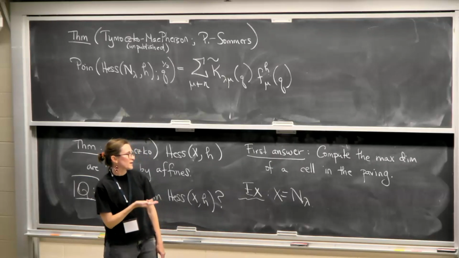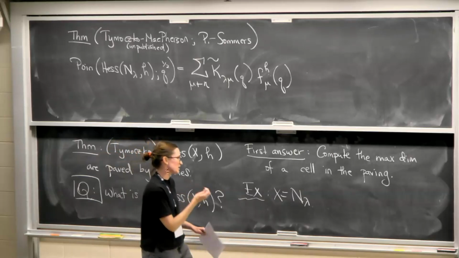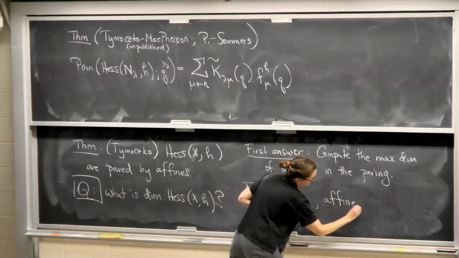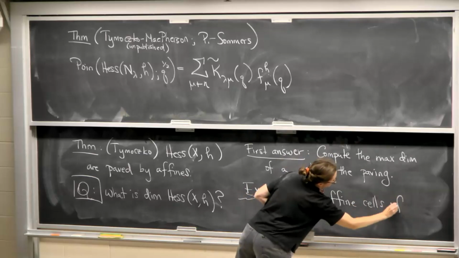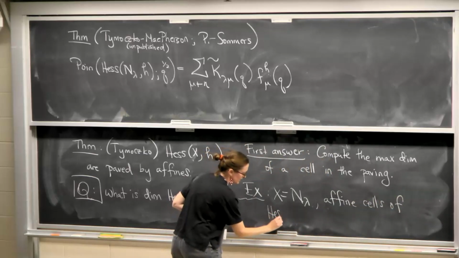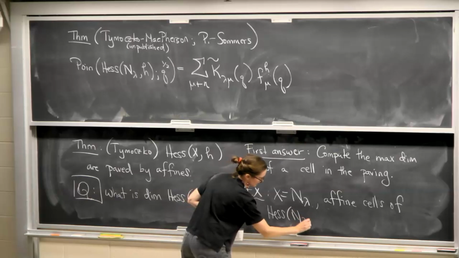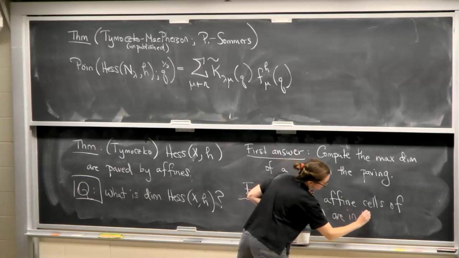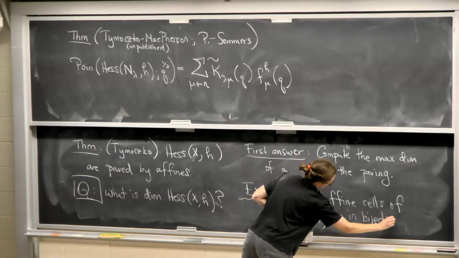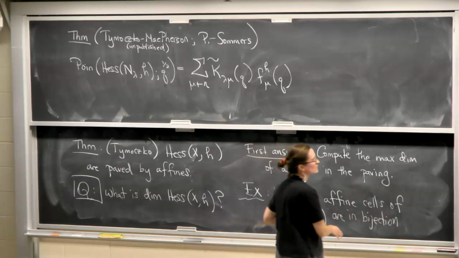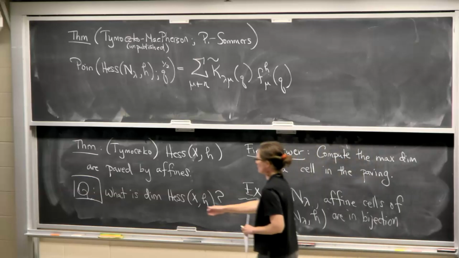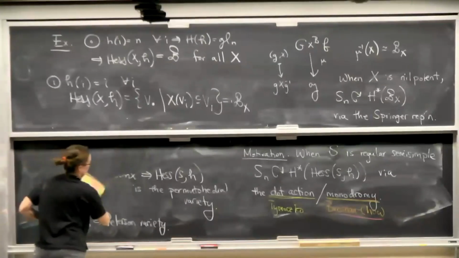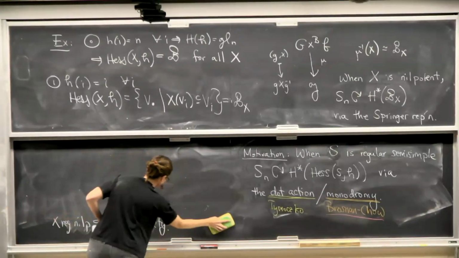The affine cells of this nilpotent Hessenberg variety, in Tomasco's affine paving, are in bijection with particular tableaux.